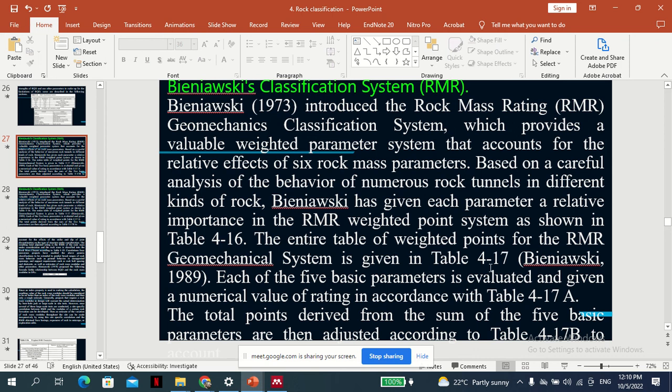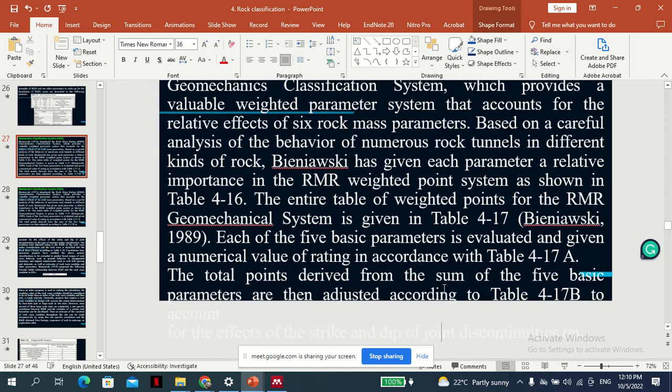The entire table gives the weighting points of RMR, the mechanical system of Bieniawski. Each of the 5 basic parameters is evaluated and given a numerical rating in accordance with Table 4.17. The total points derived from the sum of the basic parameters are then adjusted according to Table 4.17.